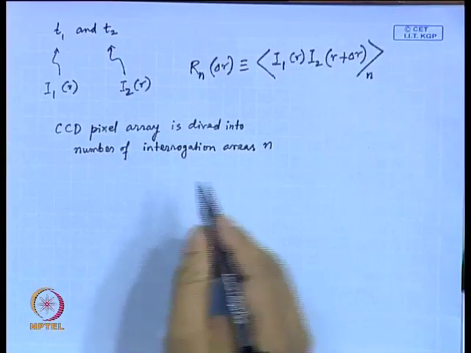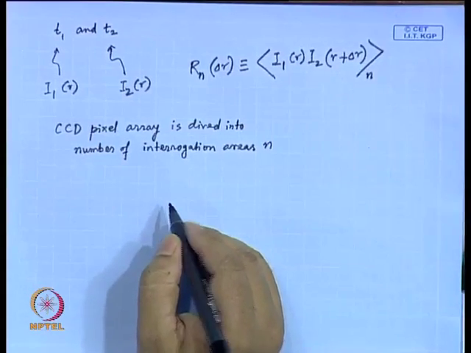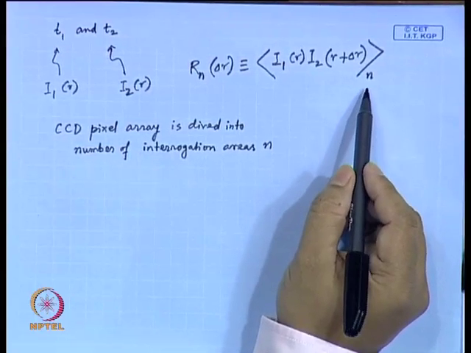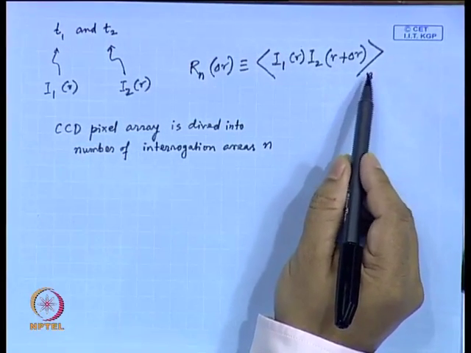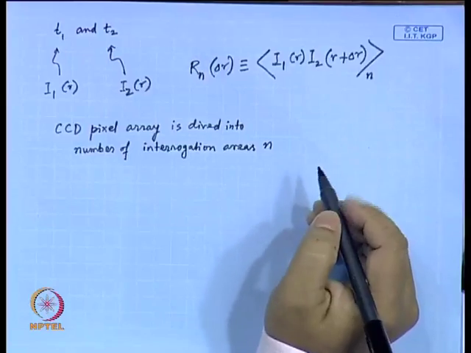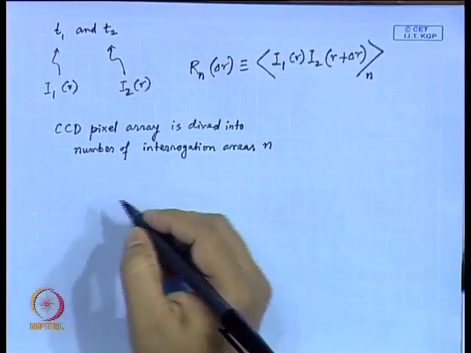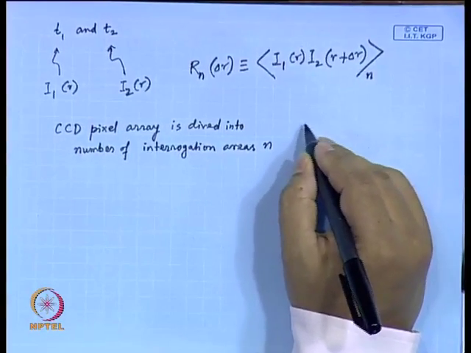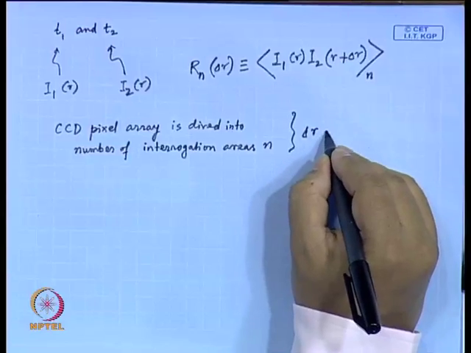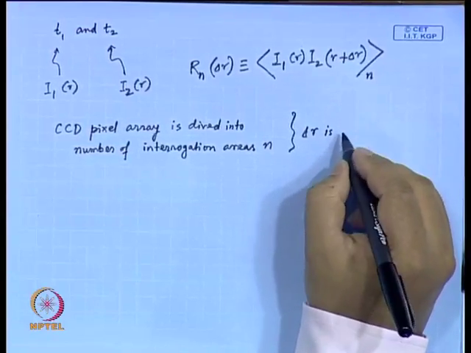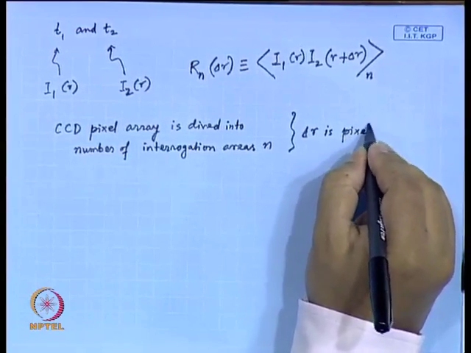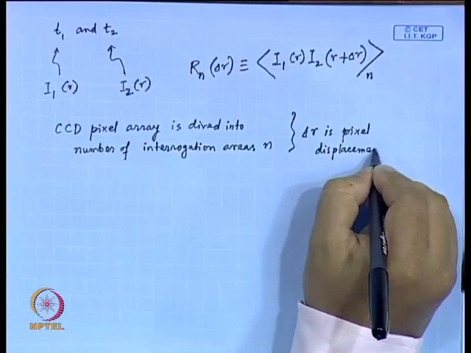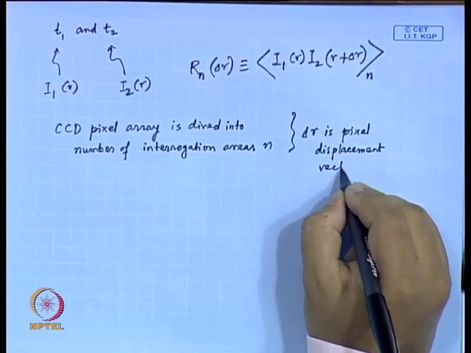All right, and this is averaged over all pixel coordinates in the given interrogation area N. And delta r here is defined as the pixel displacement vector.